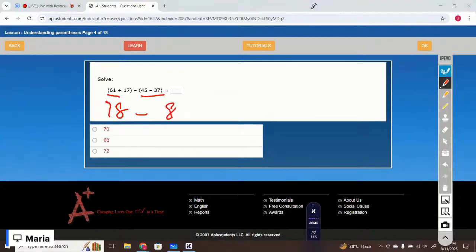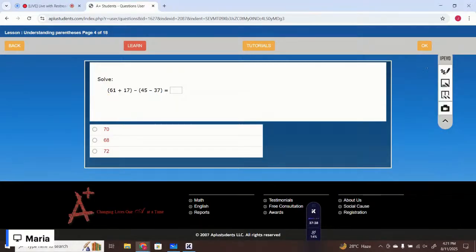So we need to do 78 minus 8. So 78 minus 8 is 70.